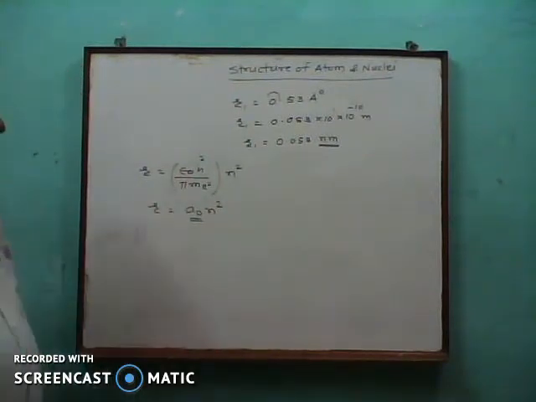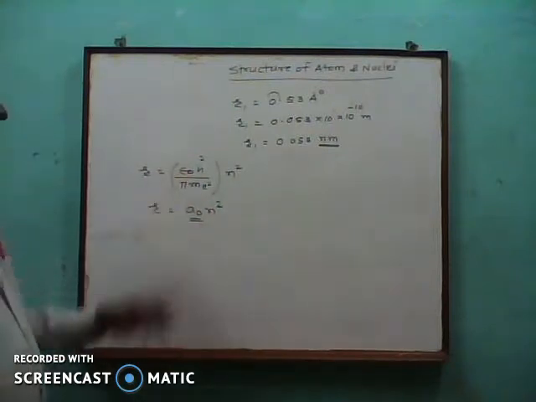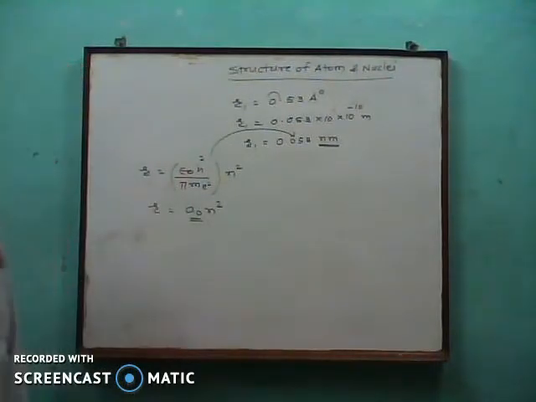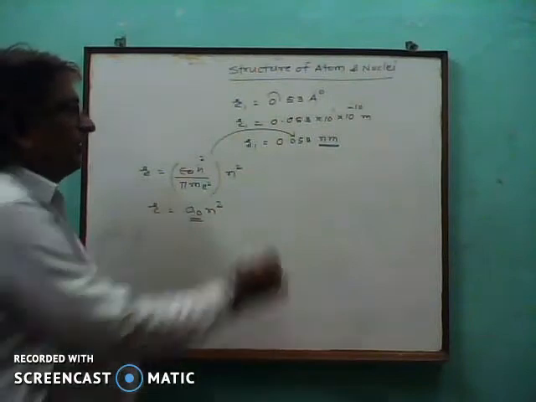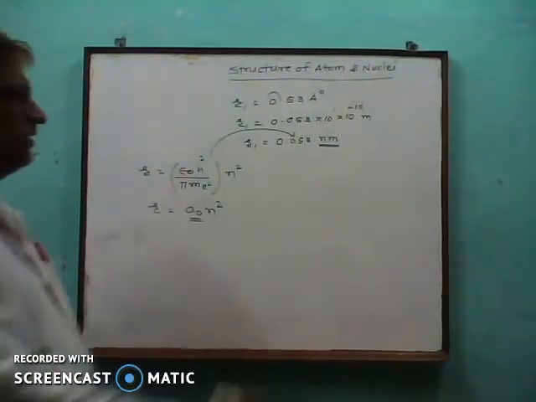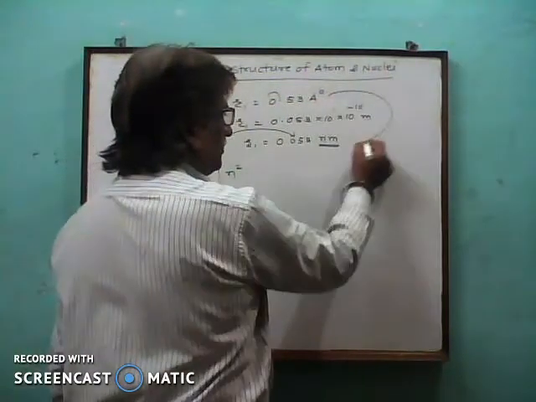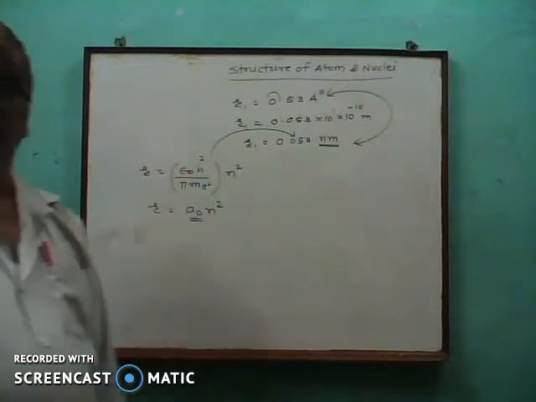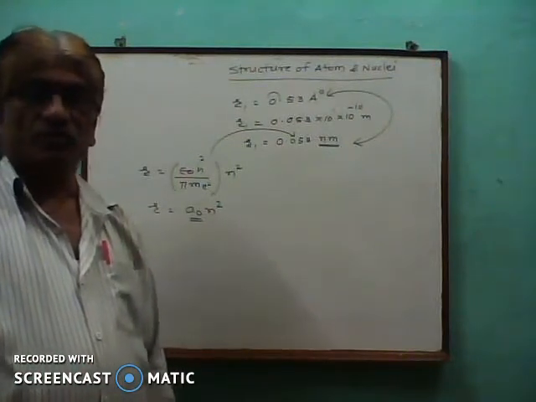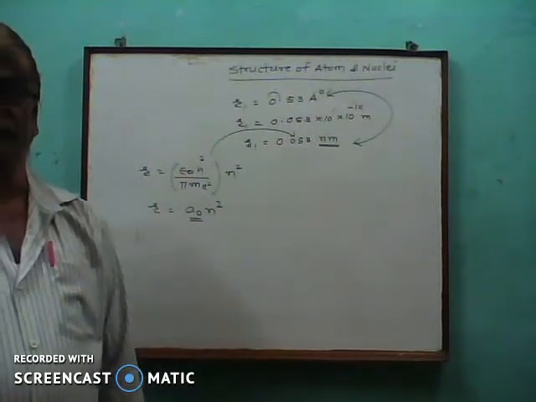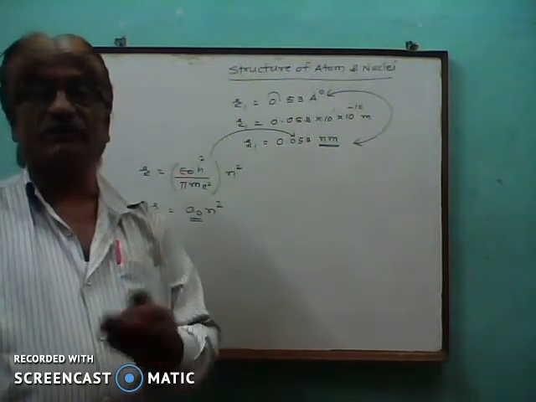For first orbit, n equal to 1, it gives the result 0.053 nanometer or 0.53 angstrom unit, which may be taken here. So we can also find out radius for different orbits.